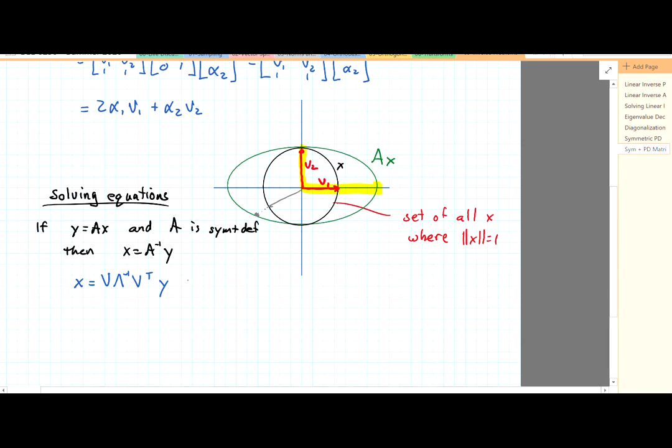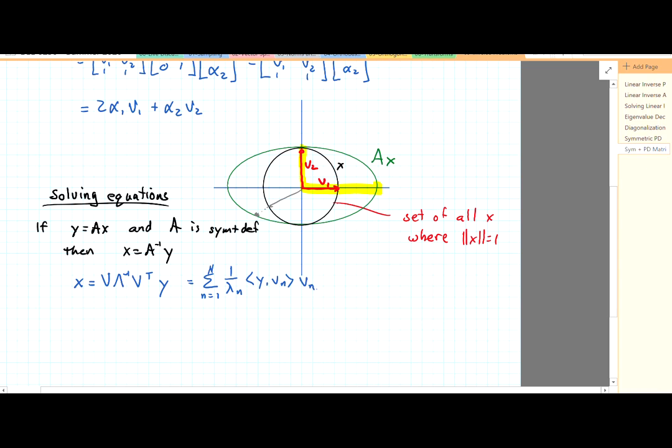So x can be written also with a spectral decomposition, but now it's 1 over lambda n times y with vn times vn.